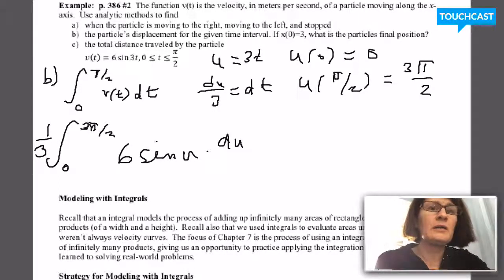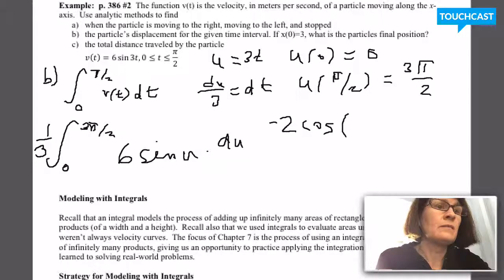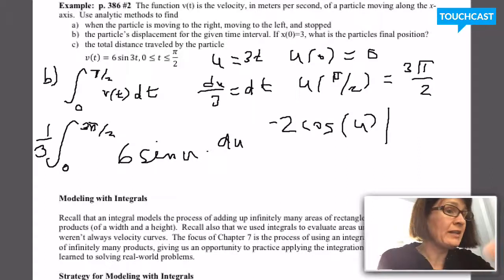which is going to make 1/3 times 6 is 2. The antiderivative of sine is negative cosine of u. Remember, I've already updated my limits to be u limits, so I don't have to change back.